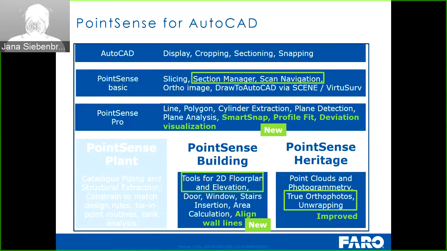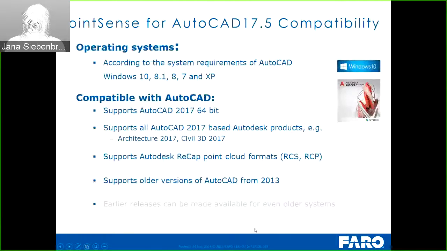Some of you might also be interested in which AutoCAD versions the new version of PointSense supports. So we have here a list of the supported operating systems and AutoCAD versions. We always support the latest AutoCAD version, which is now 2017, and also the verticals of this AutoCAD version.